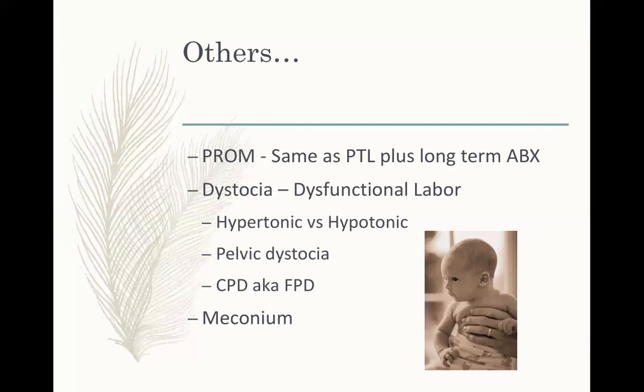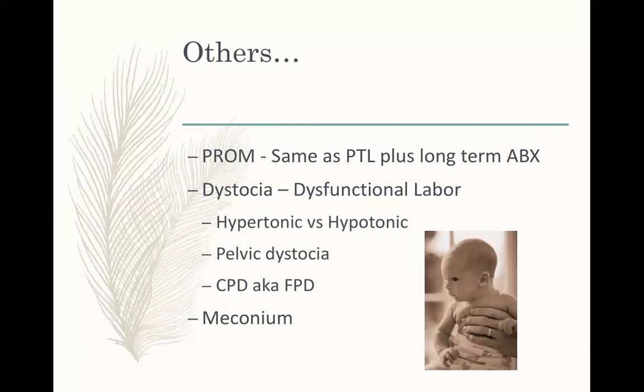We treat it the same as preterm labor, but these mamas get to be on long-term antibiotics. And as soon as it's identified, they get to stay in the hospital until about 34 weeks. At 34 weeks is when the risk-benefit ratio swings to being more risky to keep mom pregnant for risk of infection for the baby than it is to deliver the baby at 34 weeks.